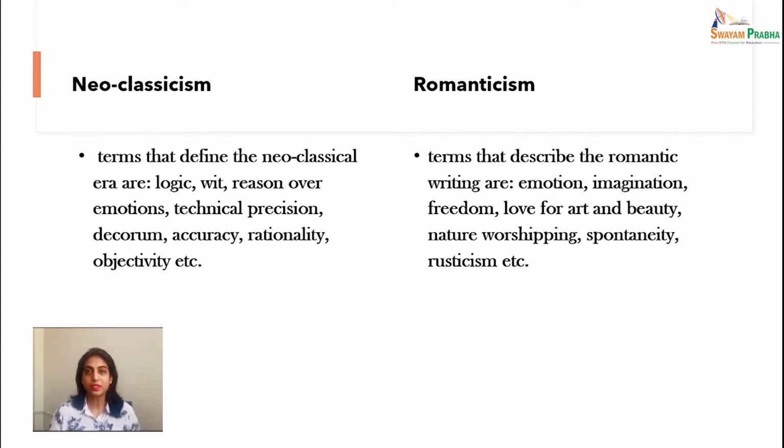The key terms that describe the Romantic writings are emotion over intellect, imagination, freedom, love for art and beauty, nature worshipping, and spontaneity.